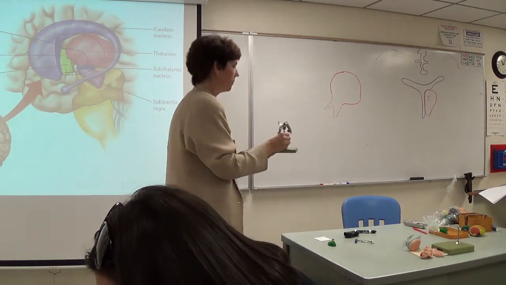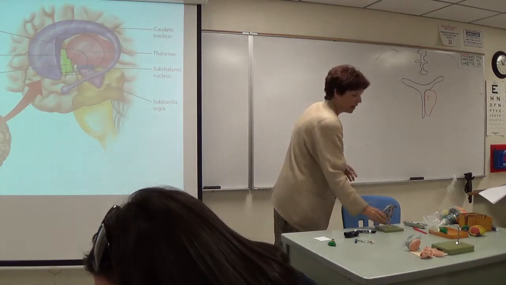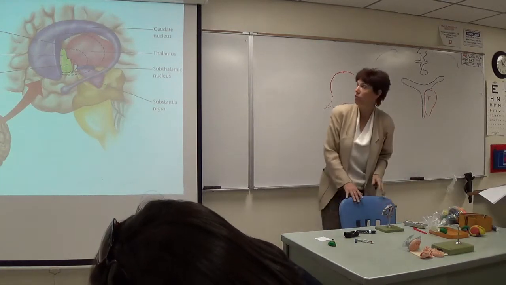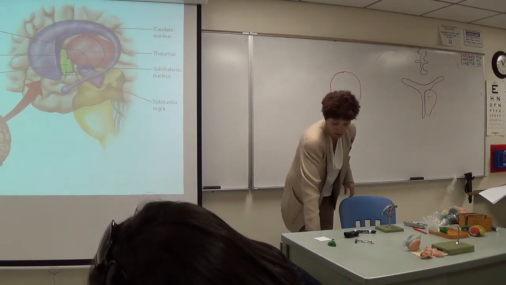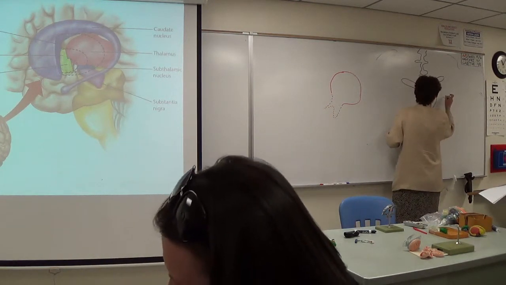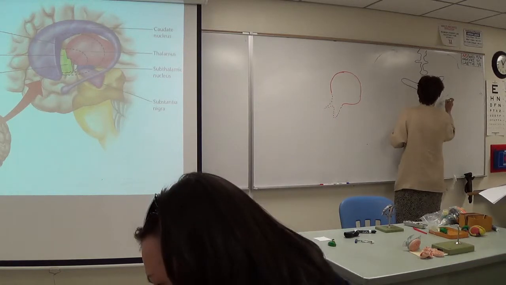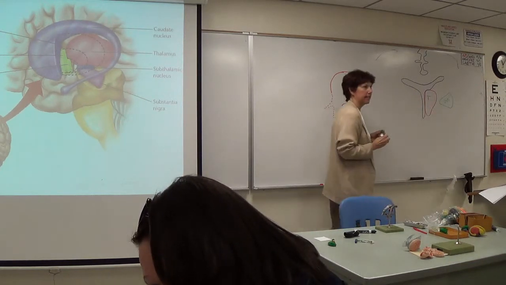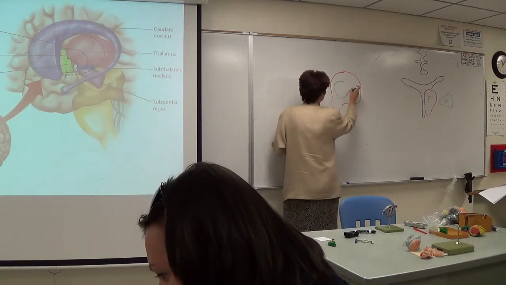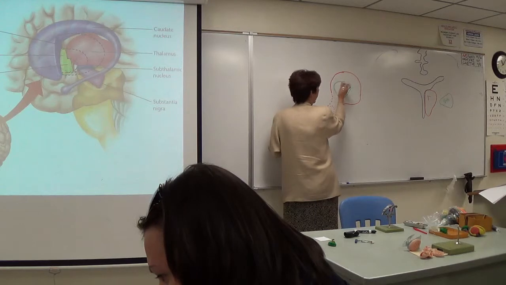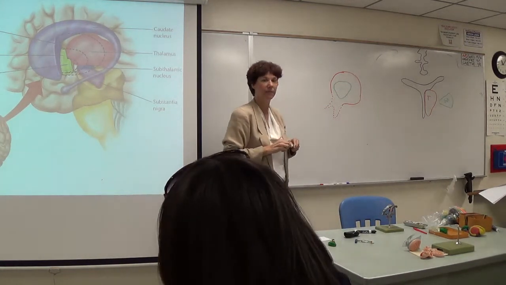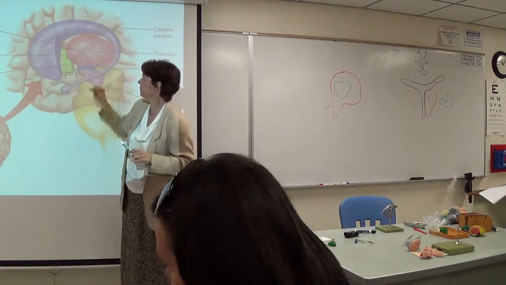Now forming a rather pyramidal structure, I have with its point facing towards the thalamus, I have the globus pallidus. We're going to put that here. And we're seeing the wide part with the point kind of pointing in towards the thalamus. That would be this structure.